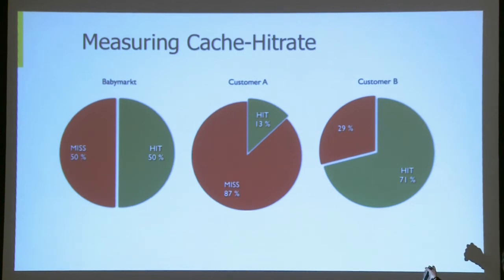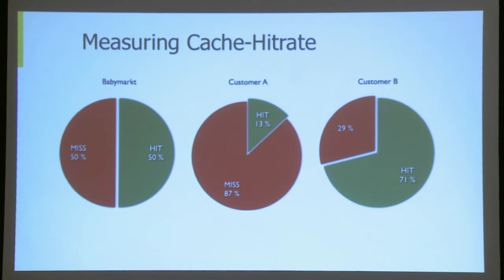So what does this say? What cache hit rate should you, or what cache hit rate will your shop have? Right, you cannot say. Every shop will have an individual cache hit rate, and this is what will make the performance better or worse.